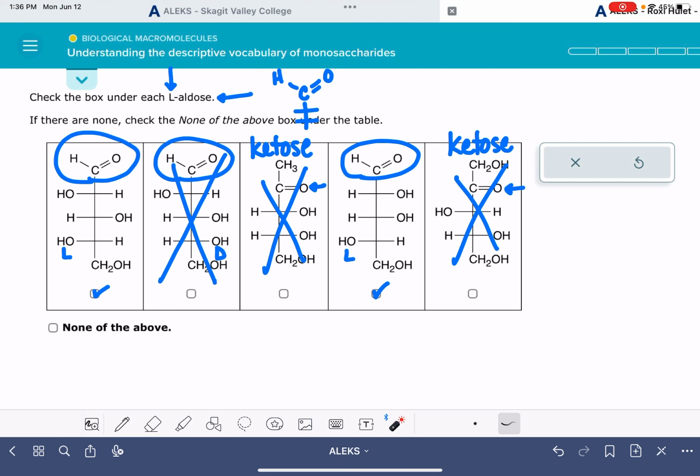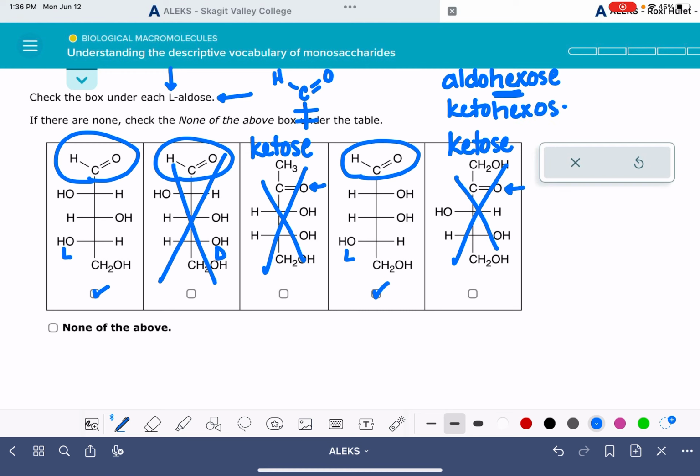Now, it's also possible with this problem that there might be an additional prefix in the name. For example, it might say aldohexose, where hex is that added portion. It could say ketohexose. It's kind of in the middle, so I don't know if you still call it a prefix.